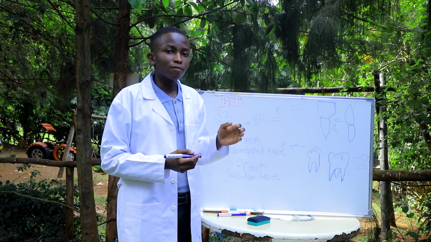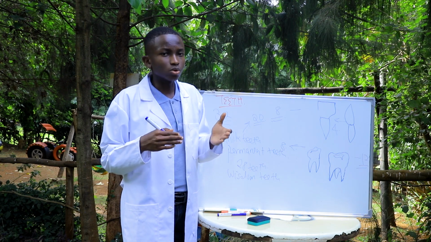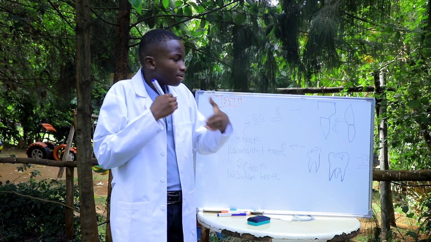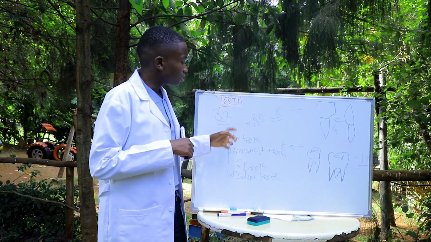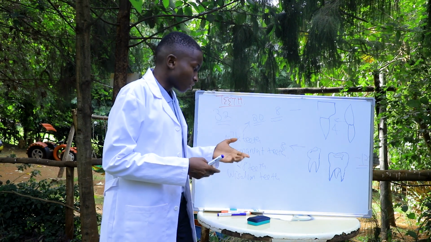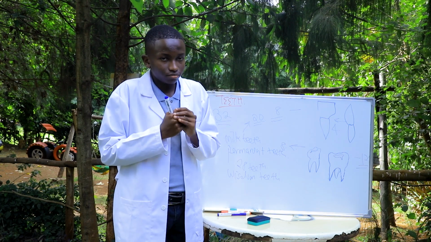So those are the 4 wisdom teeth that are trying to sprout out of your gums because now you're growing to an adult human being. So remember we said that there are 32 teeth. Then we have milk teeth or deciduous teeth that are usually removed. Then there are the permanent teeth that are growing in the mouth.